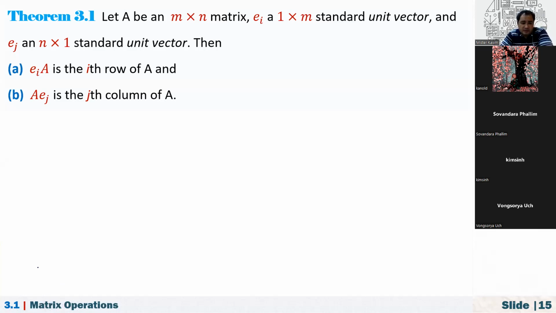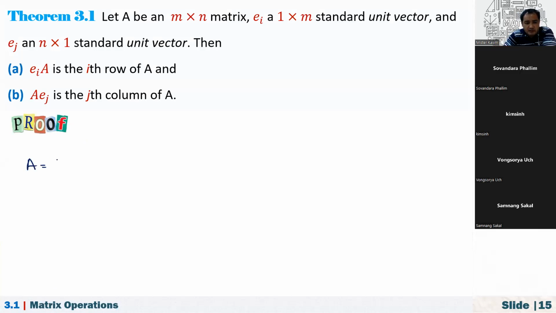Now we will start with something very simple but important, because we're going to use this notation in proving a lot of theorems. Suppose that we are given an m by n matrix A. When you say that, immediately you have to imagine this kind of matrix.